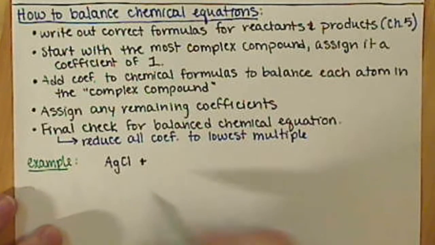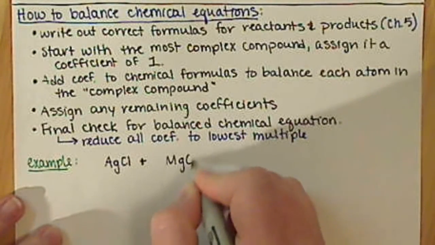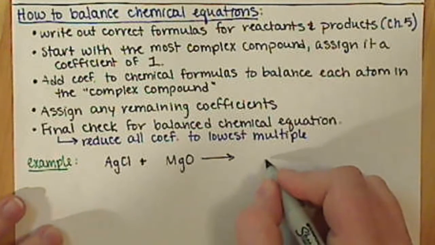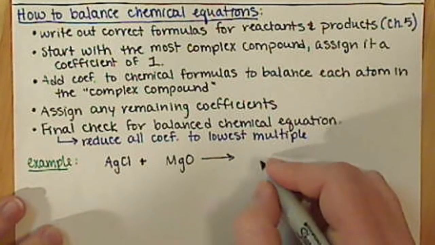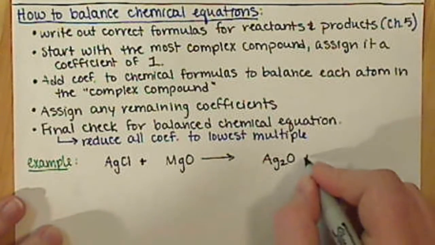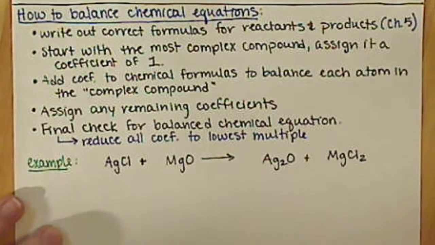So silver chloride or silver 1 chloride would be okay. And then we have MgO, magnesium oxide. And we're going to do a reaction with those to form silver oxide and magnesium chloride.